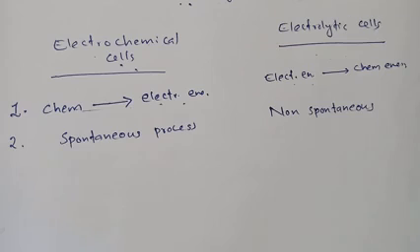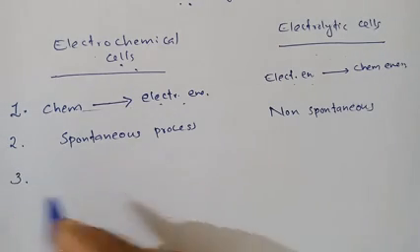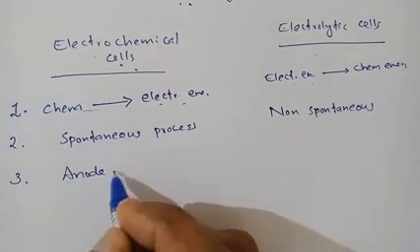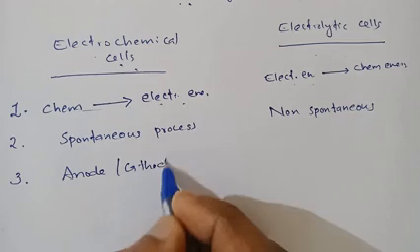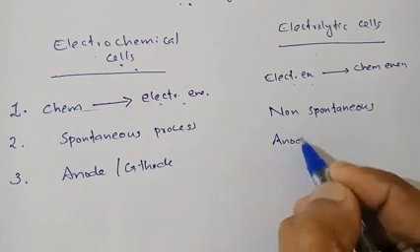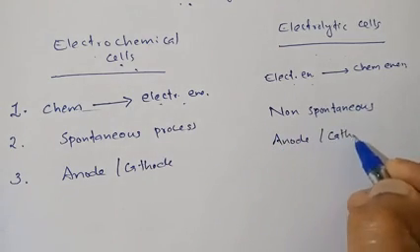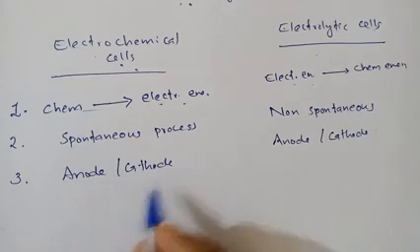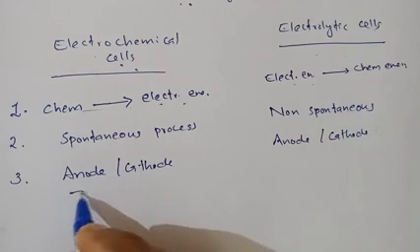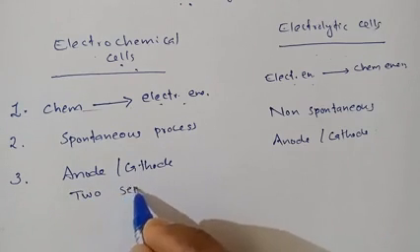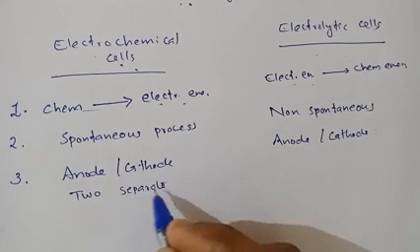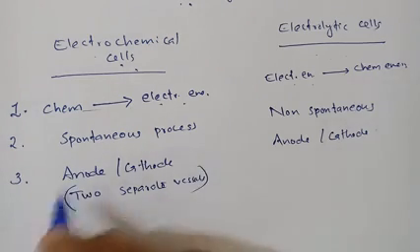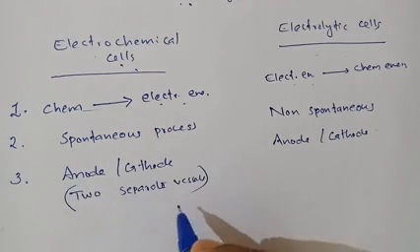And what is the third difference? Here also anode and cathode are present. Here also anode and cathode are present. But the difference is that here the reaction takes place in two separate vessels or two separate areas, which we will discuss later, why it happens like that.